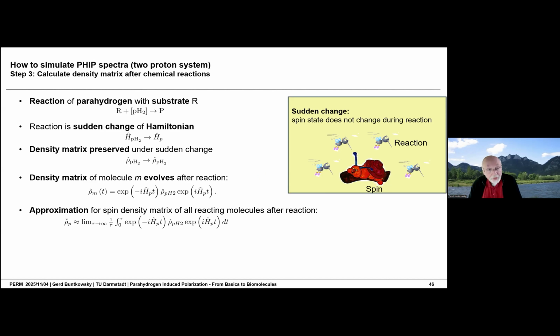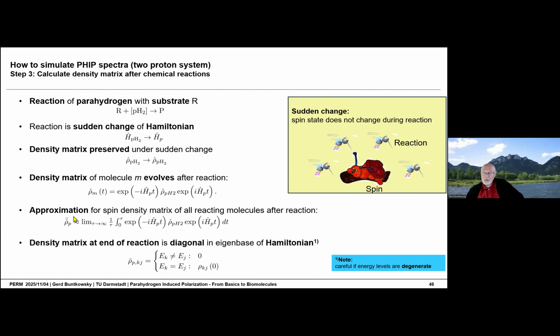The thing is, reactions take some time. So typically we're bubbling, let's say, maybe 5 seconds, 10 seconds, 15 seconds. Some spins have reacted already at the beginning, others react later. So they all will have different starting positions. And at the end, we have some kind of an average of these different starting times.